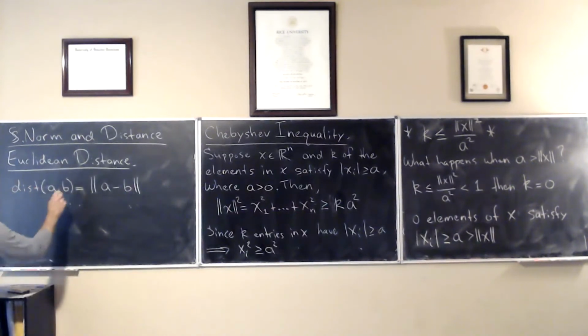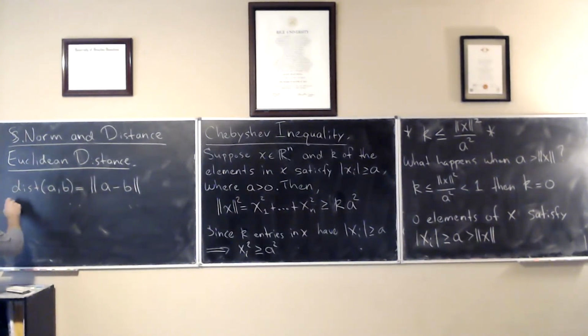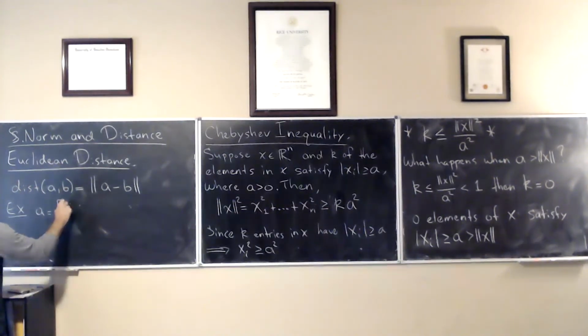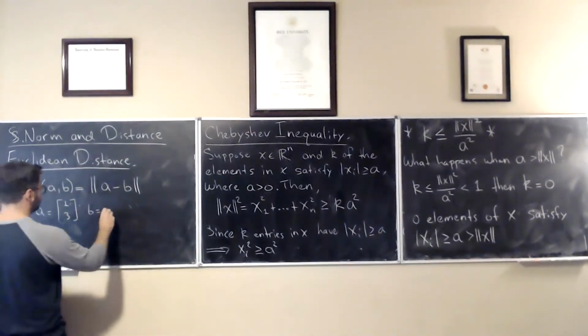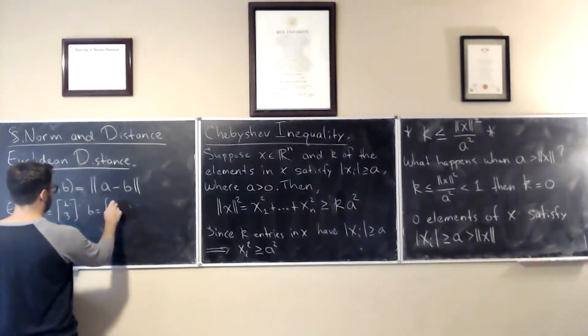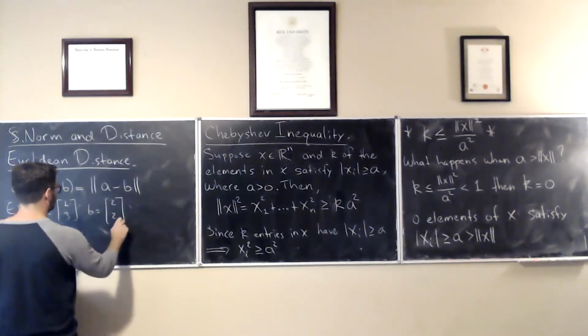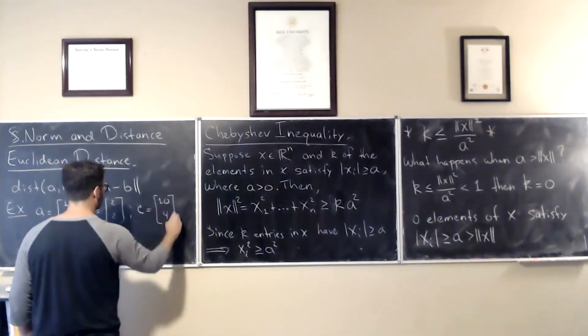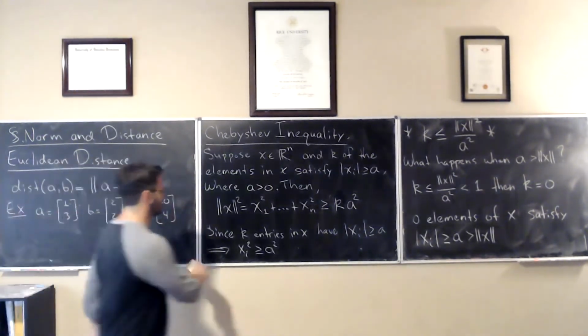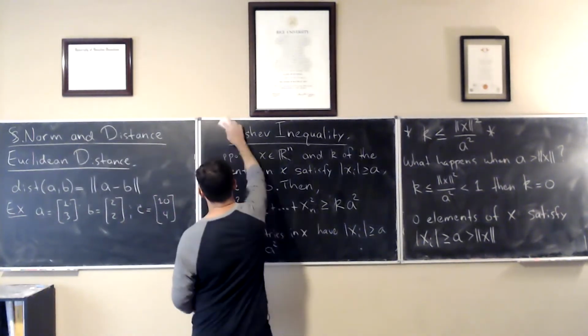So how can we understand this? Well, let's just do an example with vectors. Say A is equal to (1, 3), and B is equal to, I don't know, (2, 2), and C is equal to (10, 4). Let's look at how the distance function is going to show how these vectors relate.